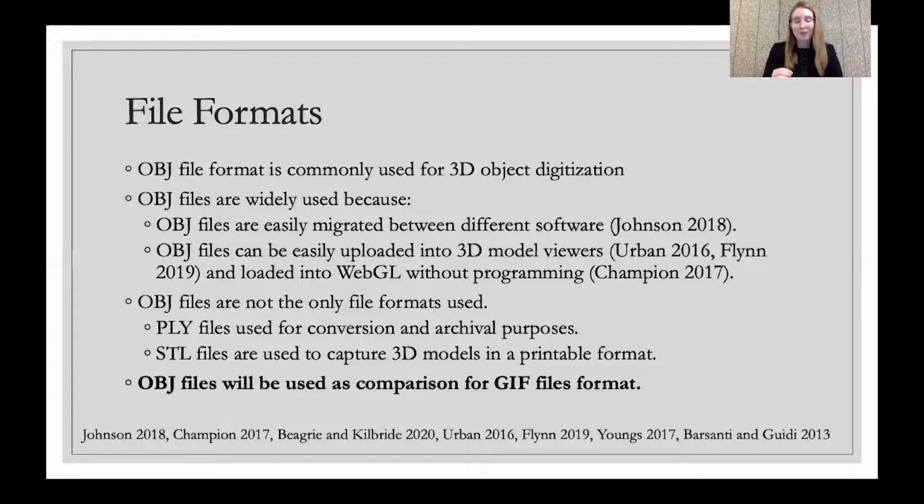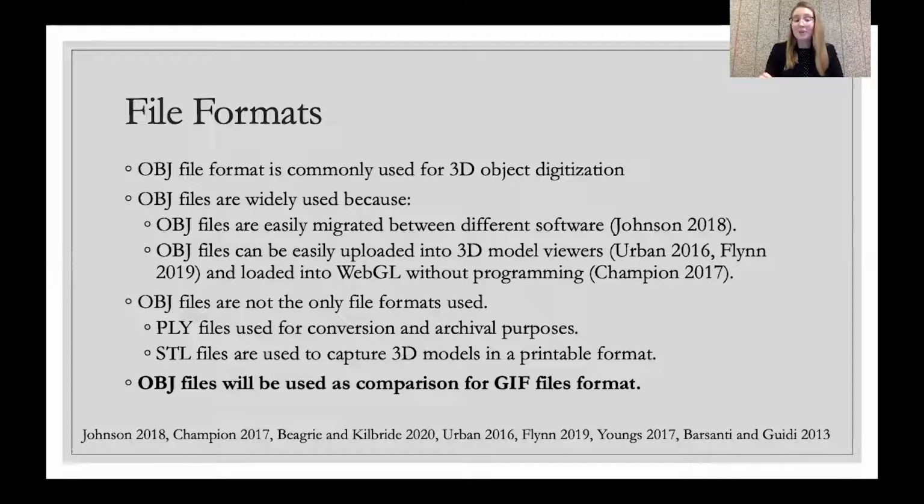OBJ files, however, are not the only file formats that exist for 3D object digitization. PLY files, similar to OBJ files, often are used as an intermediary file format for conversion purposes and for their high resolution, similar to the way that TIFF files are used in archival saving procedures.